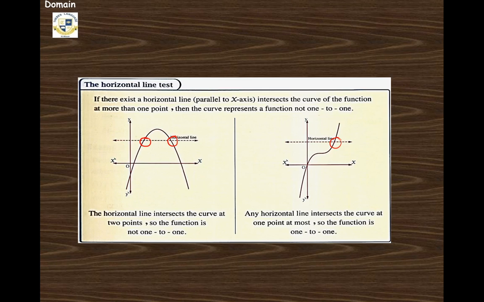If a horizontal line is drawn parallel to x-axis and cuts the curve at 2 points, therefore this function is not one-to-one function. If a horizontal line drawn parallel to x-axis and cuts the curve at 1 point, therefore this function is called a one-to-one function.